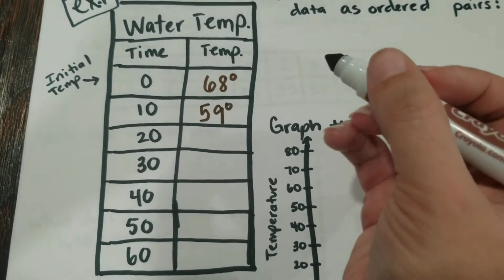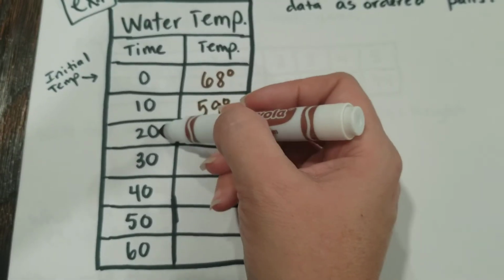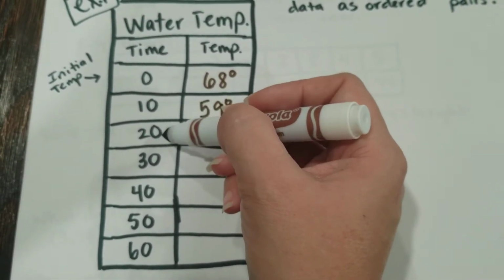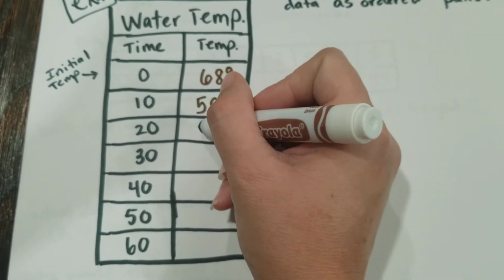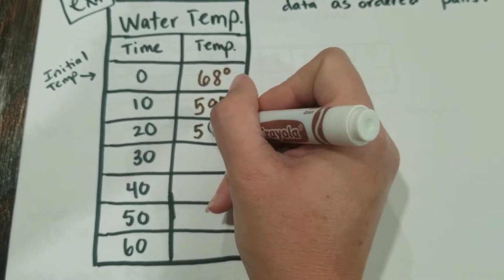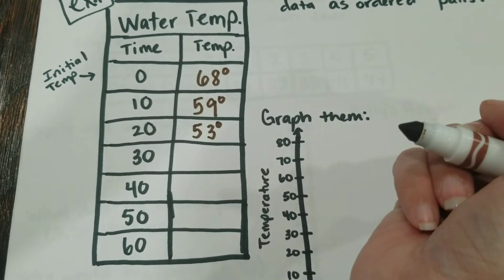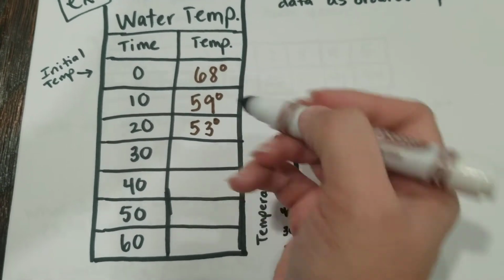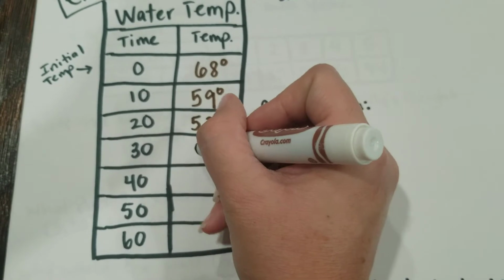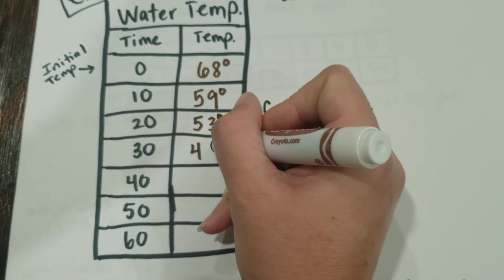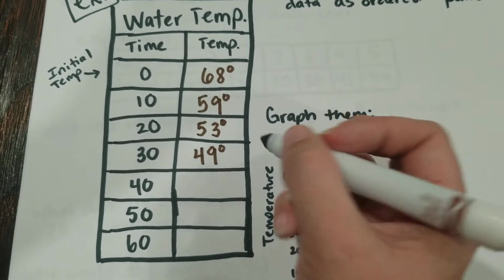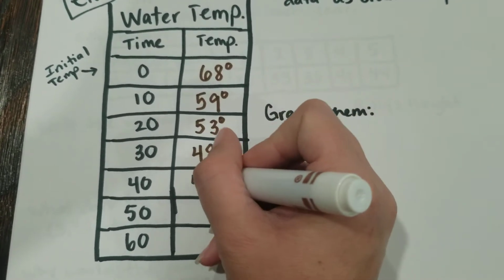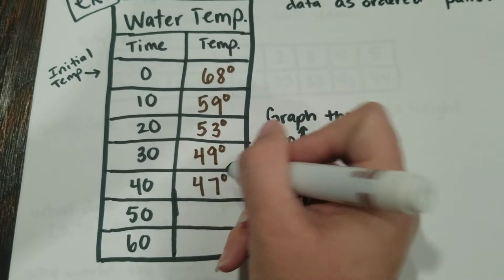And then 20 seconds into the experiment, they take that temperature reading again, and now they're at 53 degrees. Then 10 seconds more goes by, and they take the temperature again, and they're at 49 degrees. Then they check the temperature again, and they're at 47 degrees.